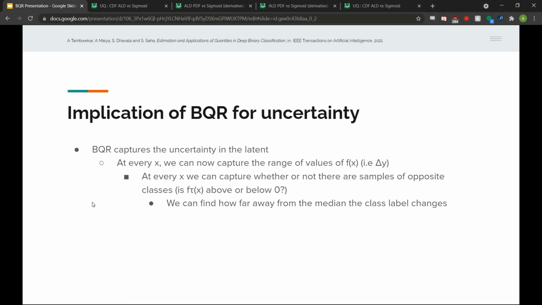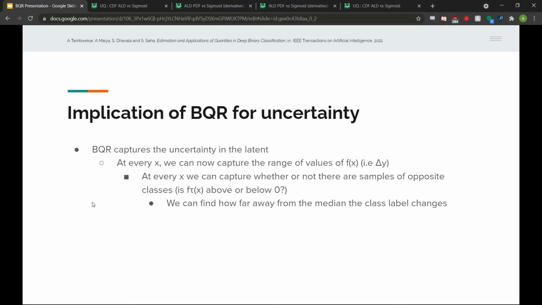And what that means is we're actually able to capture at any given point if our network thinks that there is even a likelihood that another class label can exist at this point. That is to say, I am on average predicting that at an input it's class 0, but there may be certain extremities which result in changing it to a class 1.